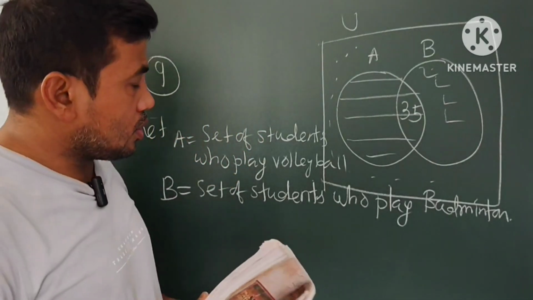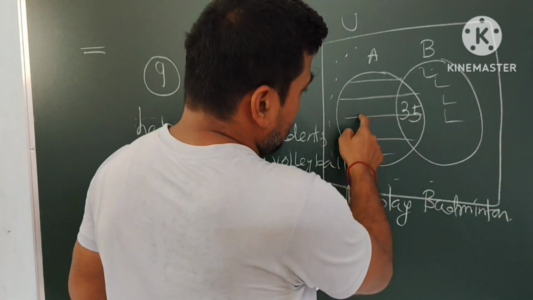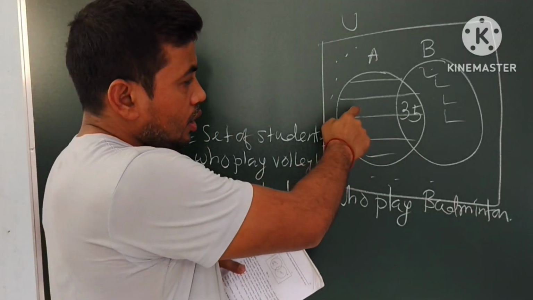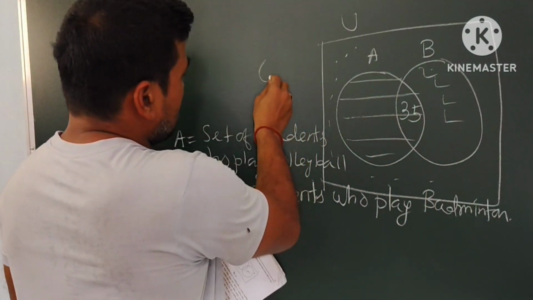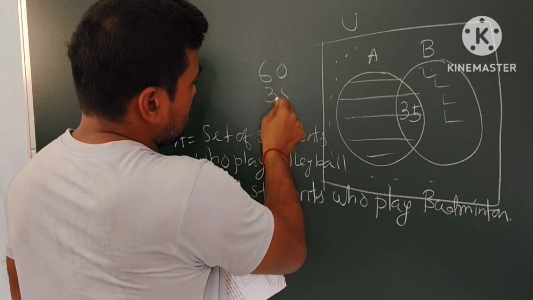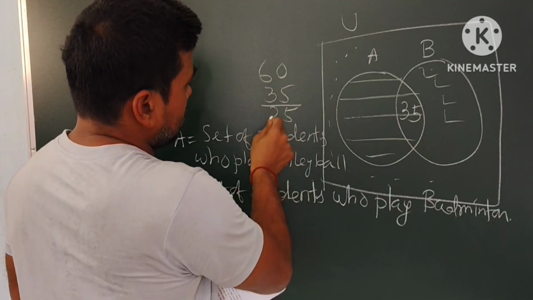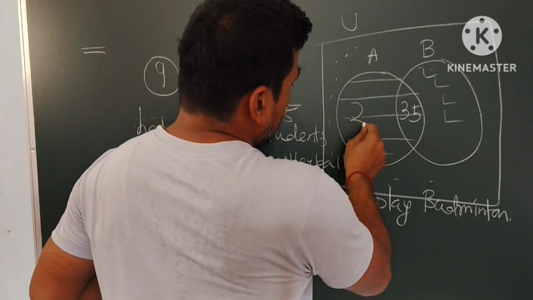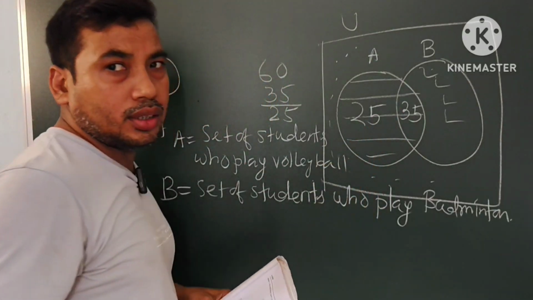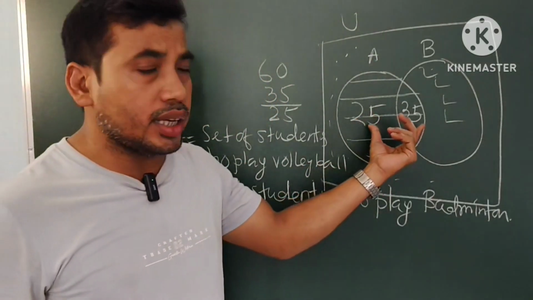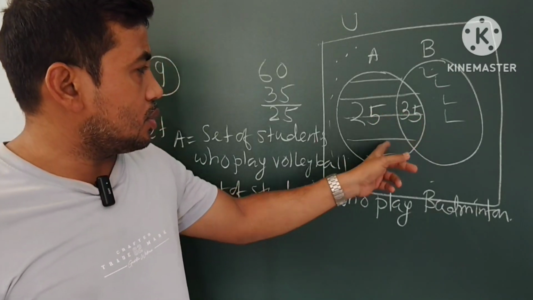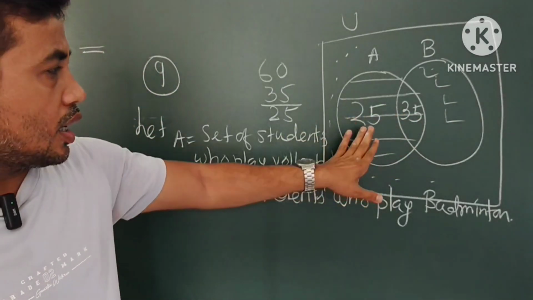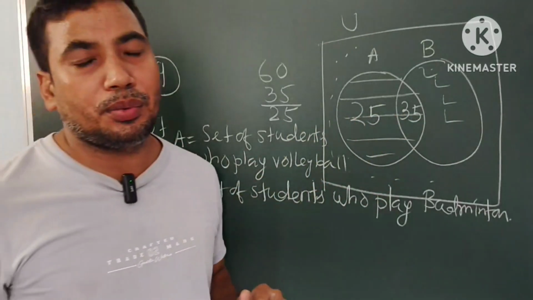So in this part, A difference B, what is the number of elements? 60 minus 35, that means there are 25 elements in this part.